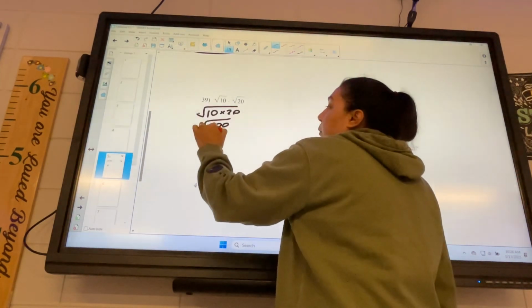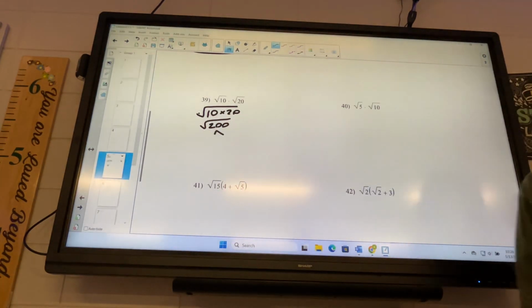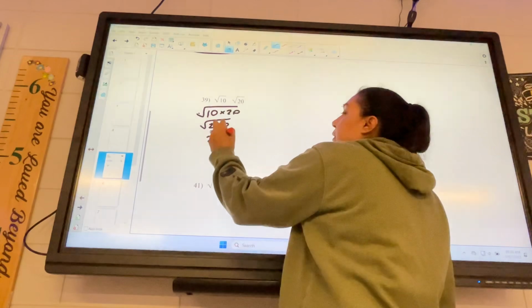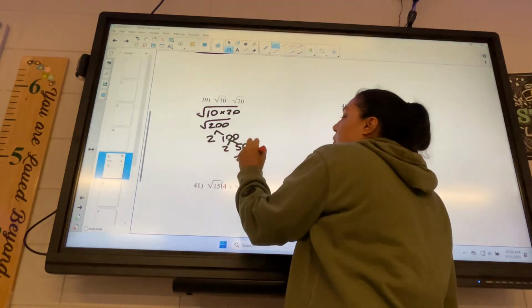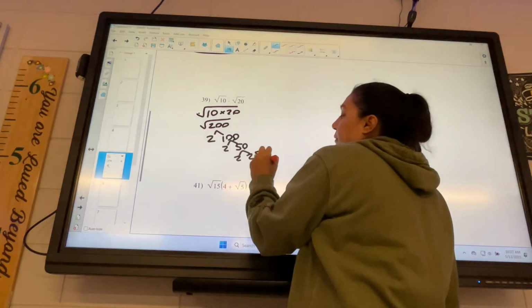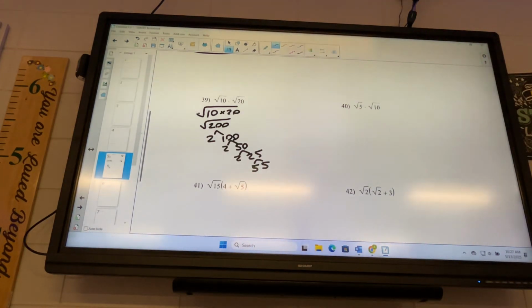And then we can make the little tree. With the 200, we got 2 and 100, 2 and 50, 2 and 25, 5, 5. So who can go? One group of 2s.